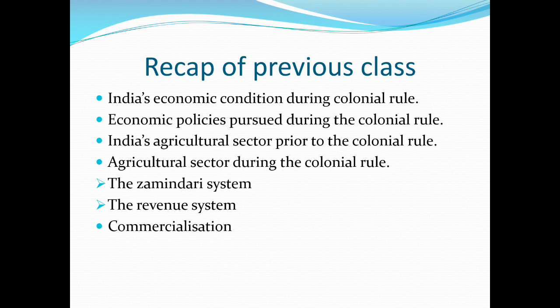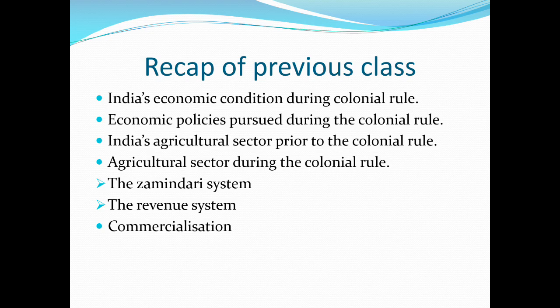So basically, commercialization is a state where the farmers or the agricultural sector started to grow more cash crops with a view to export and import of goods and services.